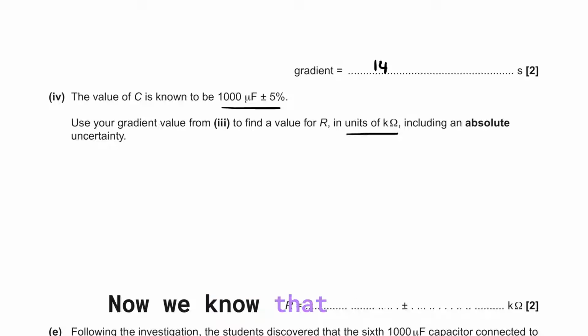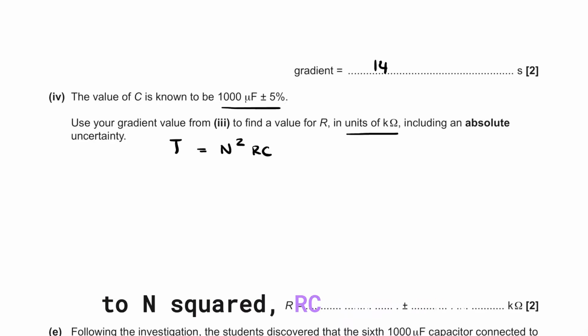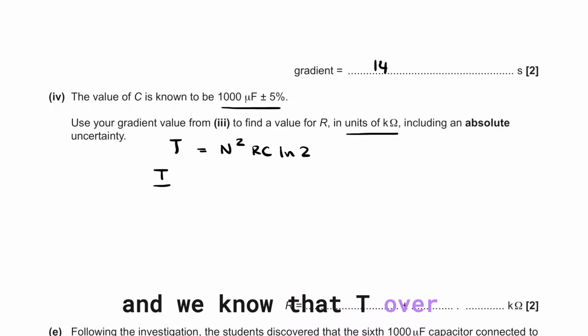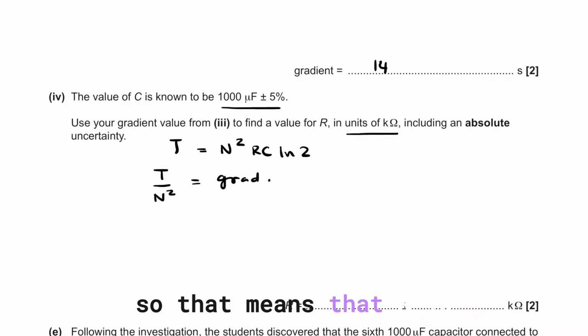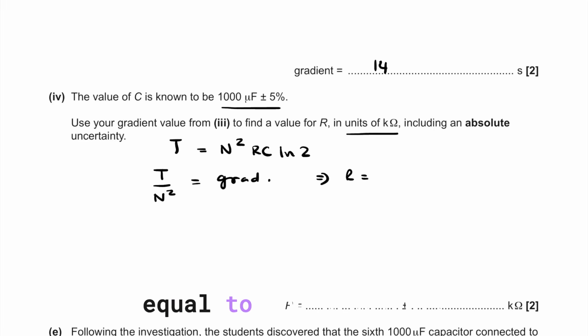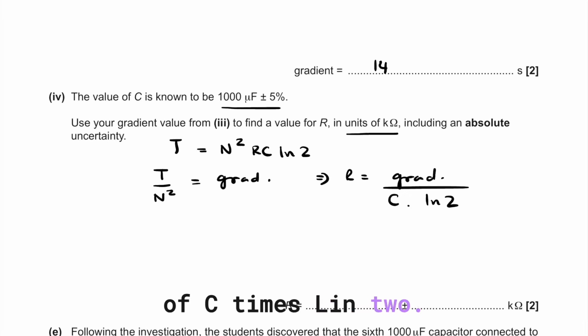Now we know that T is equal to n squared RC ln of 2, and we know that T over n squared is the gradient. So that means that R is equal to the gradient divided by the value of C times ln 2.